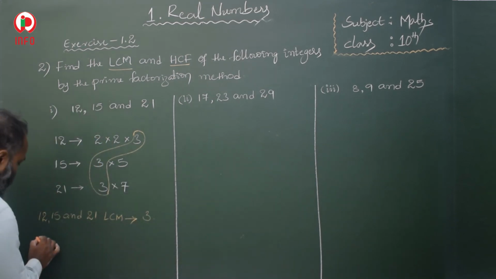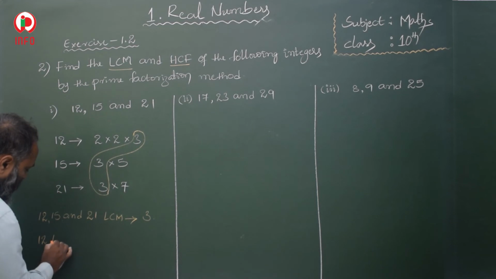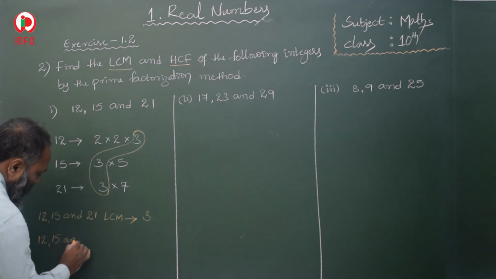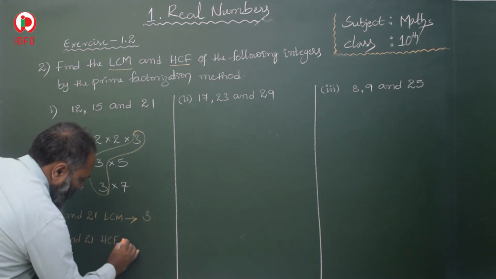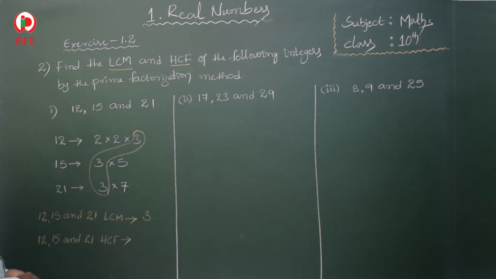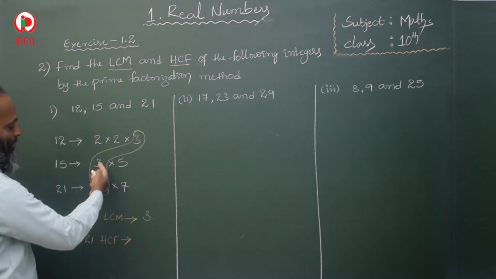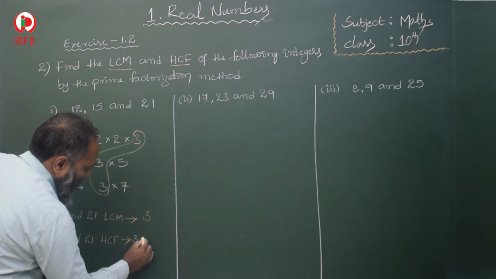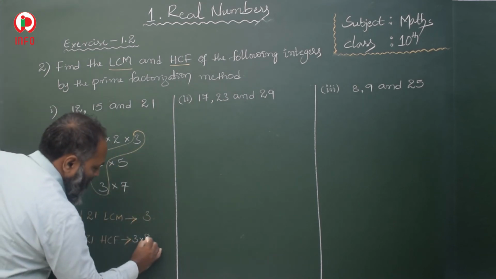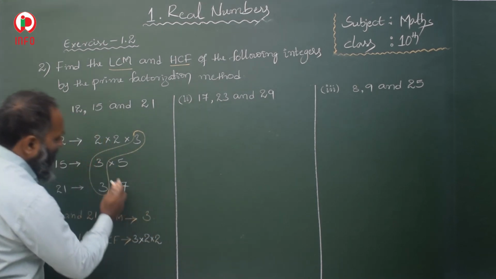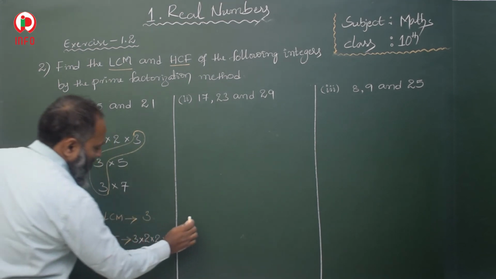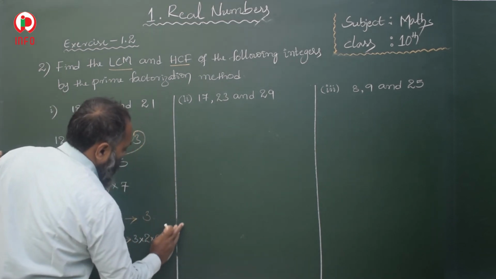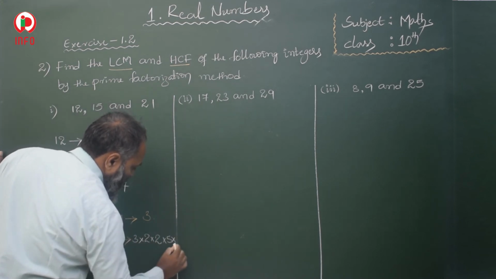Now 12, 15 and 21, HCF, highest common factor. Then how to write the highest common factor? First, one 3 is common, that we should take, and the remaining numbers: here 2 2s, 2 into 2, and here one 5, and here 7 is left, into 7.